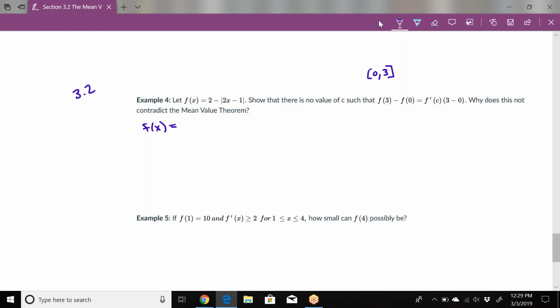So our function is going to be split up into two pieces, just like anytime we have absolute value. One case is going to be 2 minus the actual inside of the absolute value, and that happens when the inside is greater than or equal to 0. Remember, anytime the inside of your absolute value is equal to or bigger than 0, you just get the value that you already have inside.